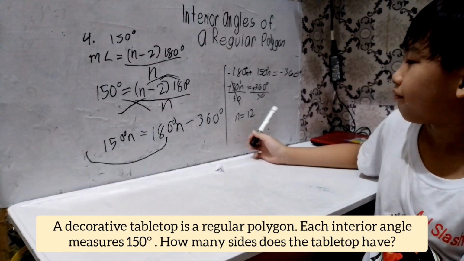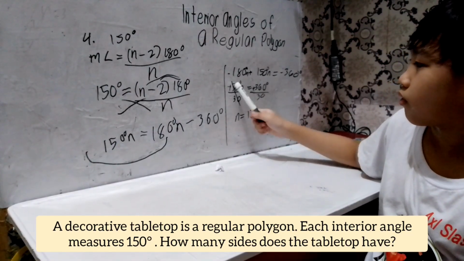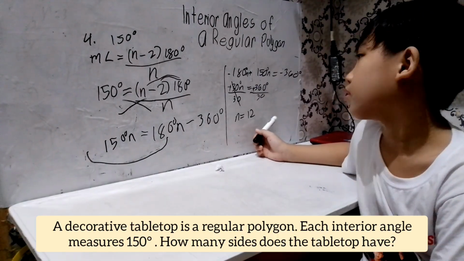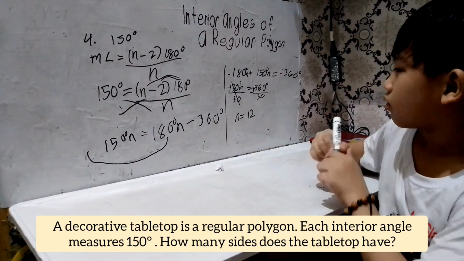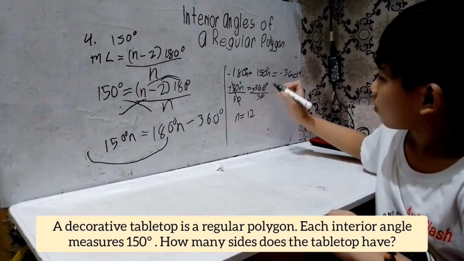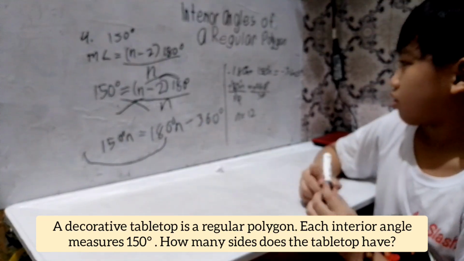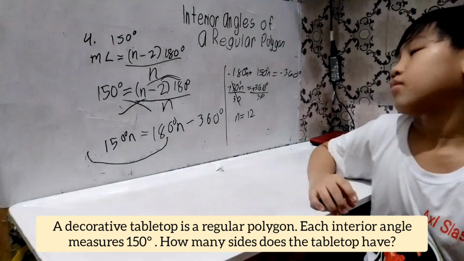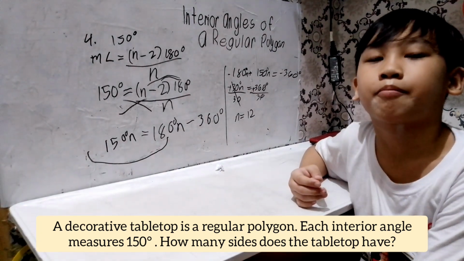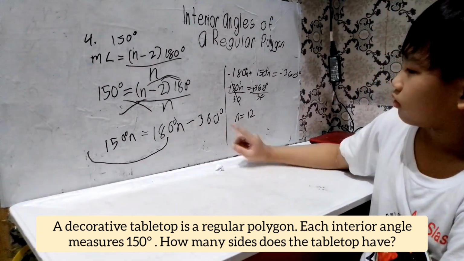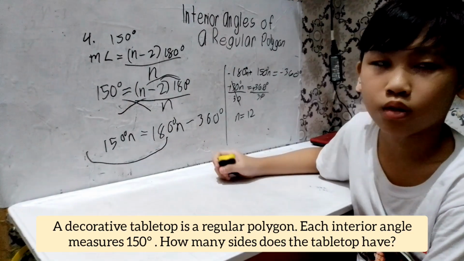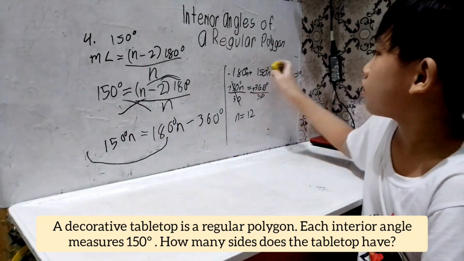Cancel the degrees, cancel the negative, and make it positive, so that what remains is purely a number. So your n now is 12, meaning the polygon has 12 sides.